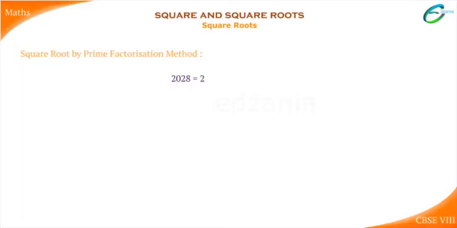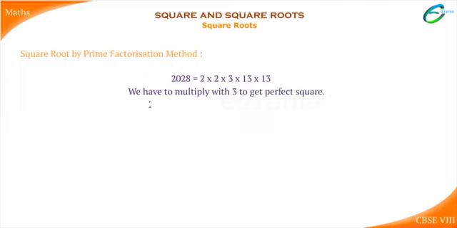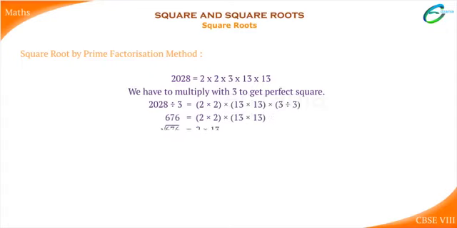A non-perfect square can be made a perfect square not only by multiplication but also by division. By dividing 2028 by 3, we can make it a perfect square. 2028 divided by 3 is equal to 2 into 2 into 13 into 13.